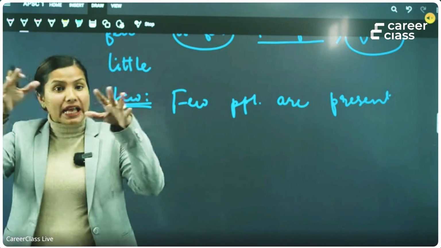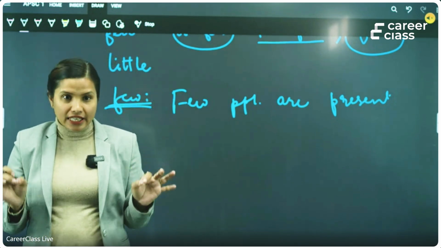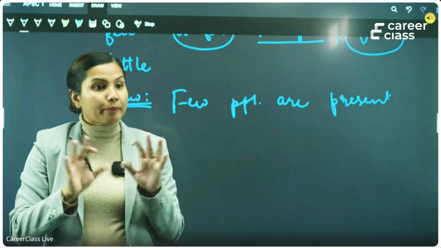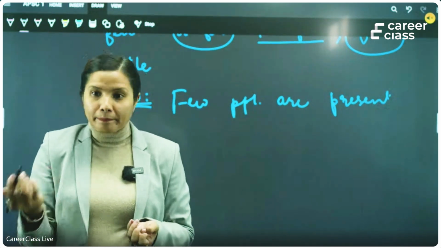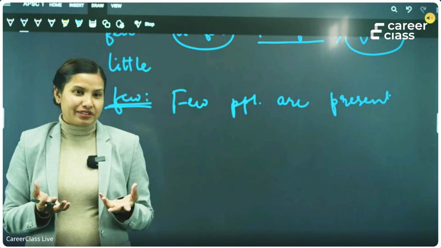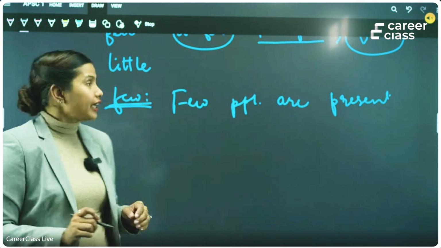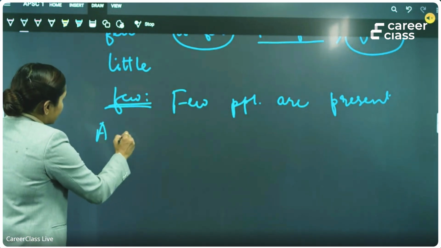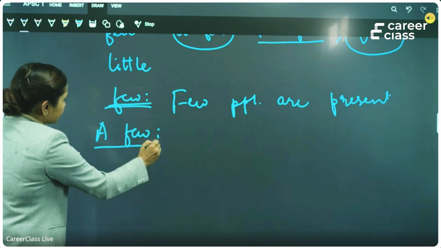That means we have a large gathering. Otherwise, the number of people enrolled is many, but compared to that, the people who are present now are negligible, almost none. Okay, so can you give me an example with a few, Dipti?